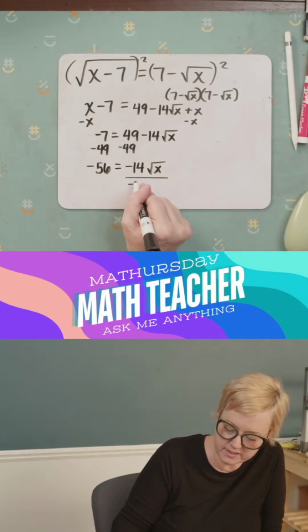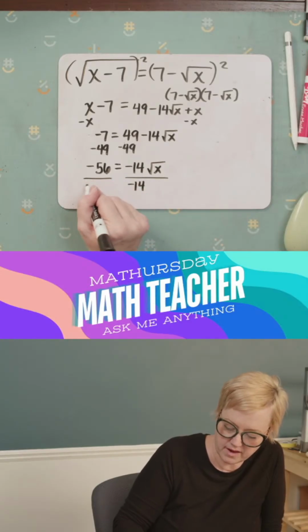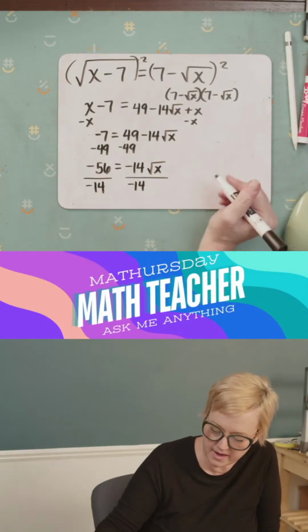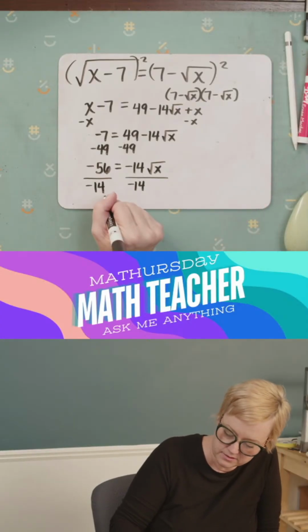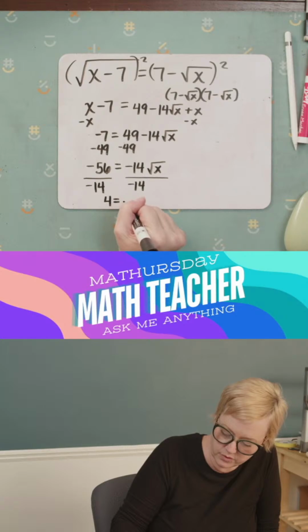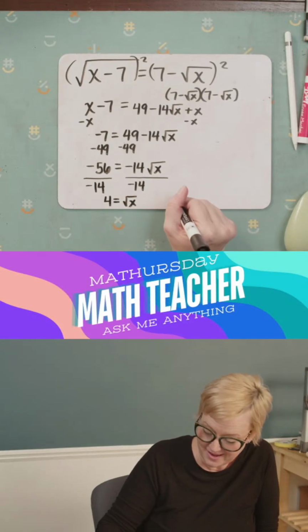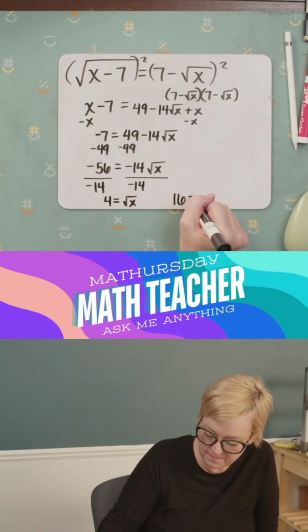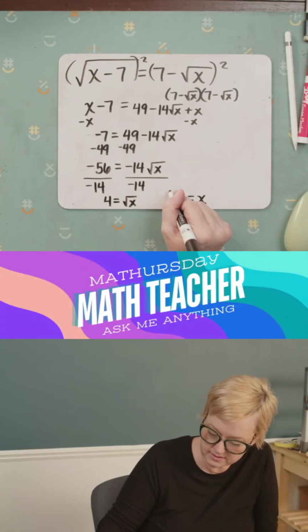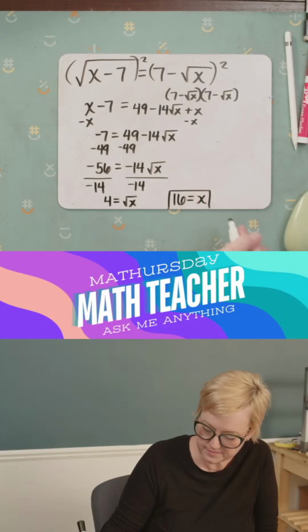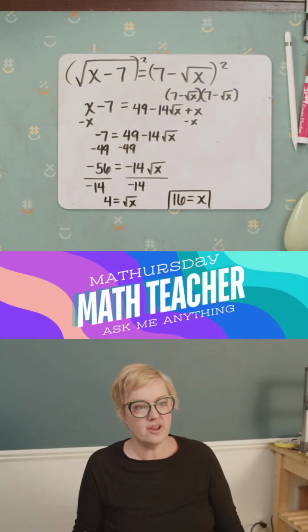Divide by negative 14 on both sides. That is 4. So 4 equals root x. I'm going to square both sides. And I get that 16 equals x. There you go.